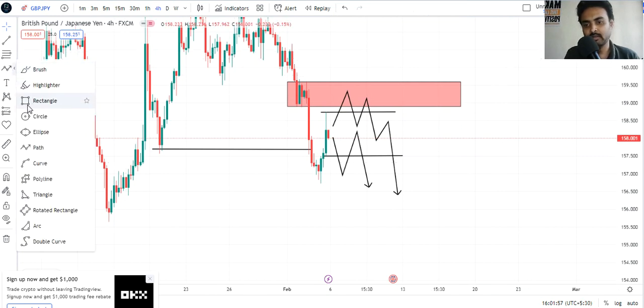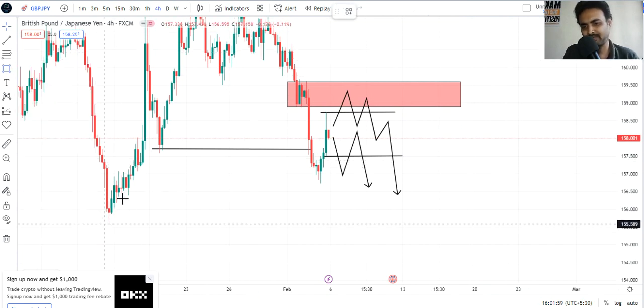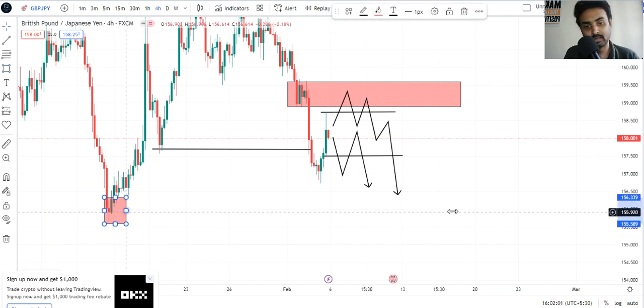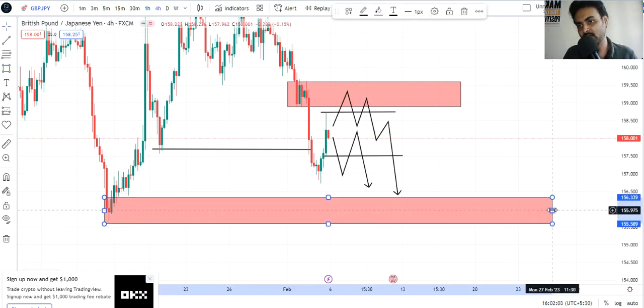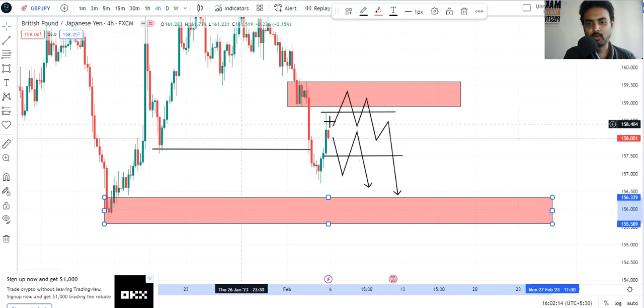Maybe we can hold our position till this level, but as I told you guys, we are not going to do that, because all we want is 200 or 300 points. That is more than enough for us. So GBP JPY also I'm looking for selling the market. I hope this clears.